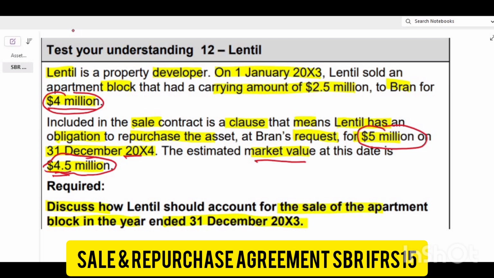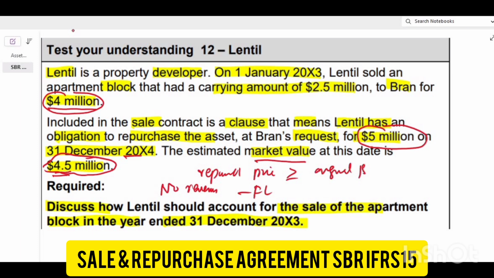Now, what will you do if your repurchase price is greater than or equal to the original selling price? The simple rule is that you recognize no revenue, because there is a probable chance that they will exercise the option, and you will consider this a financial liability for you.